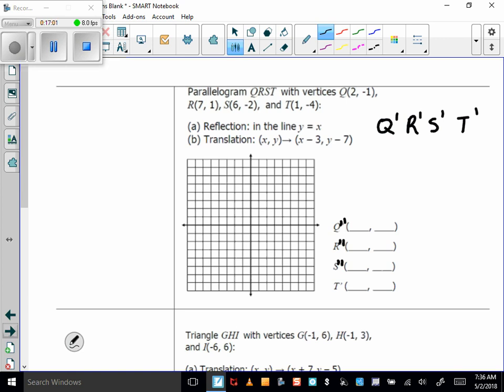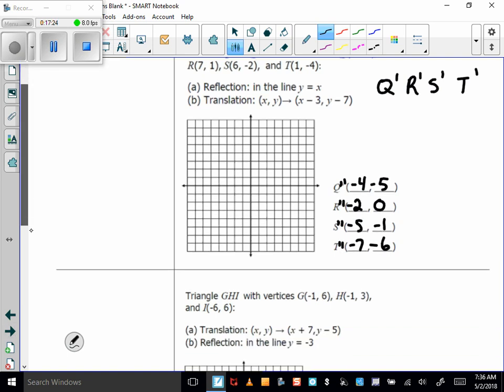So I'm going to rename these double prime. And I'm going to tell you what the answers are. But since this is the first one of this kind, you definitely need to go ahead and do it. -4, -5. Don't just write down my answers. I'm going to look at your paper and see if you did it. You know that. -5. Maybe not tomorrow, but one day. -7. -6. That's what I got for my answers. You better do it to make sure I'm right.